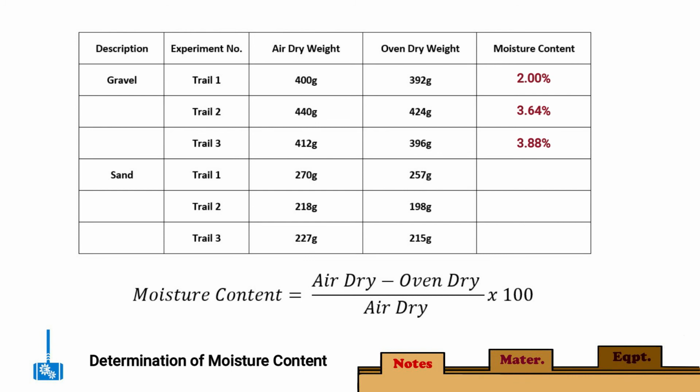And for our sand, our first trial, we subtract 270 grams minus 257 grams over 270 grams multiplied by 100, and we will get 4.81% moisture content.